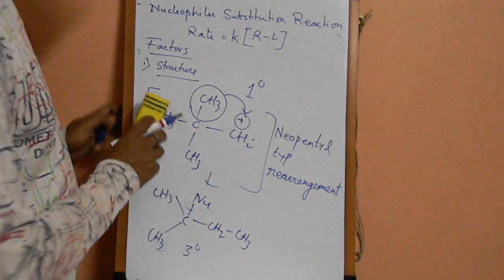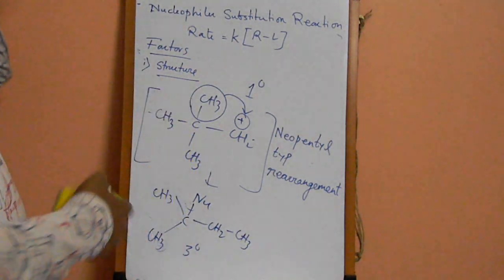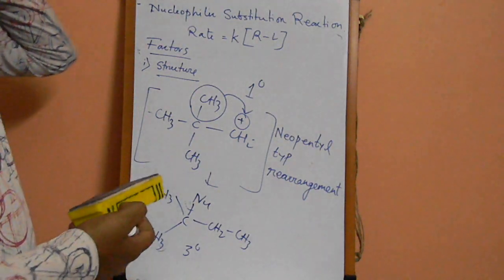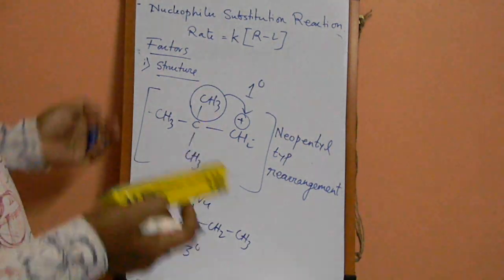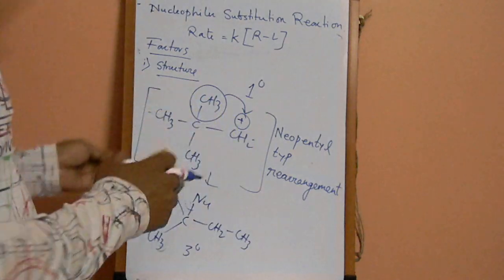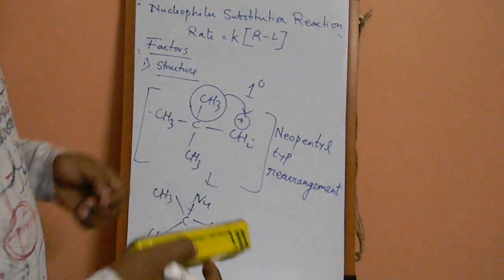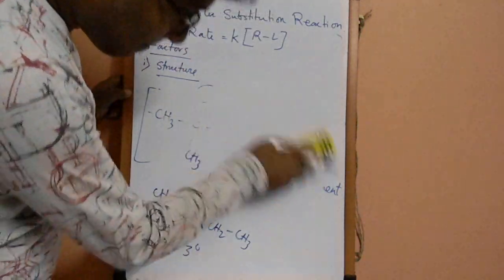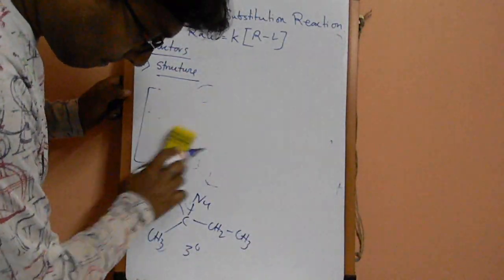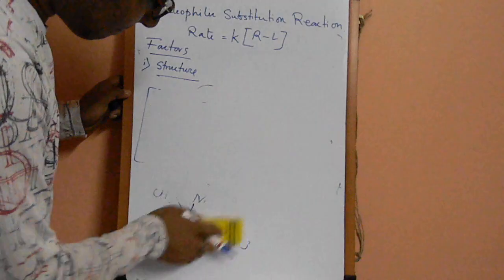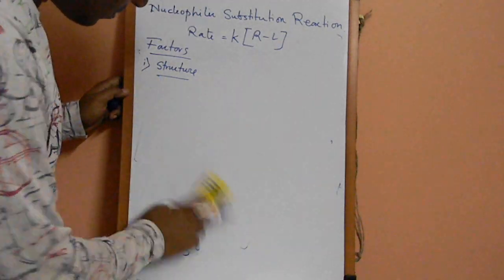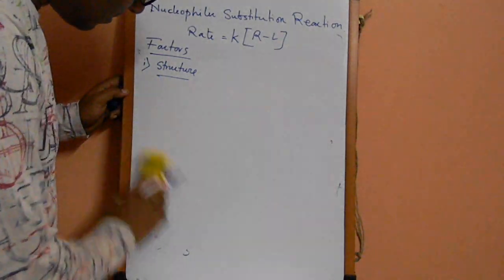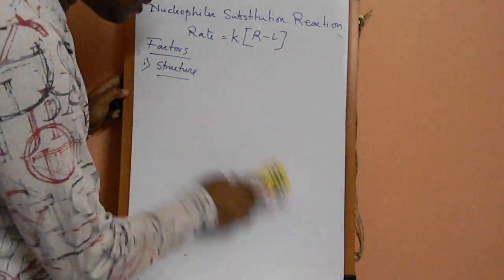So these are very important, and this usually happens very frequently whenever there is a possibility of migration to produce a more stable carbocation. Later when we talk about the problems, we can have some more examples like this.